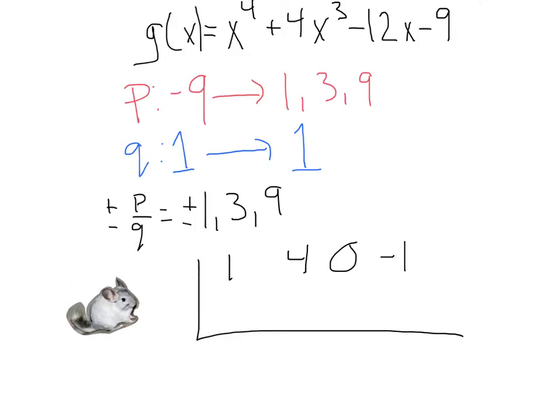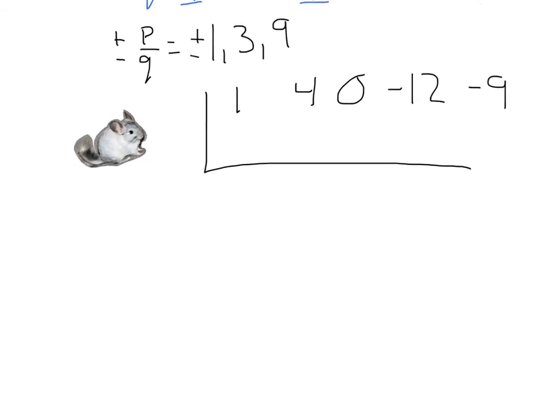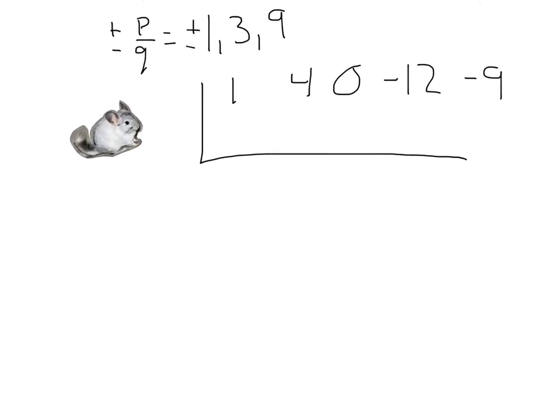Then I have -12 and -9. Now to start trying to find my zeros, I just go through this list and do synthetic division, and if I get a remainder of 0, then I know that is a zero. Let's go ahead and test +1 first.